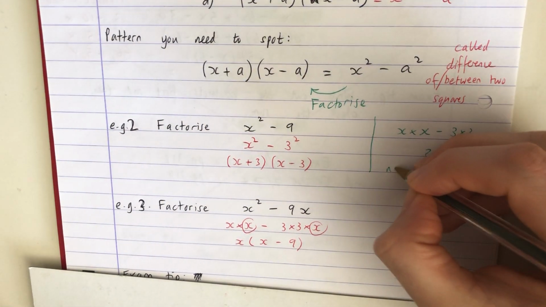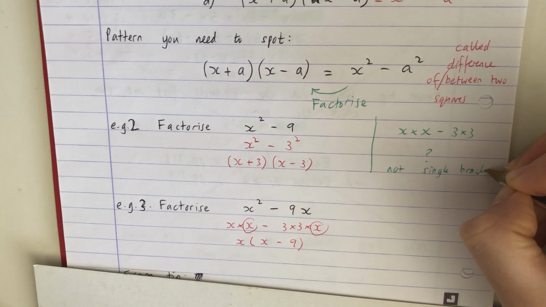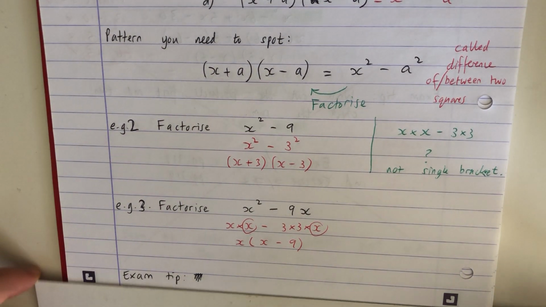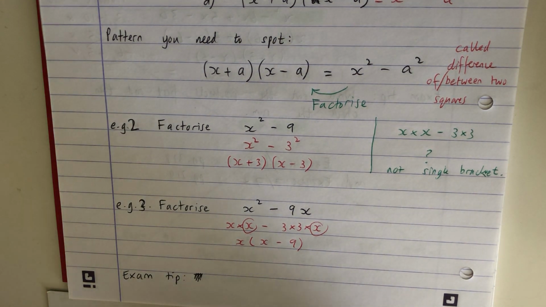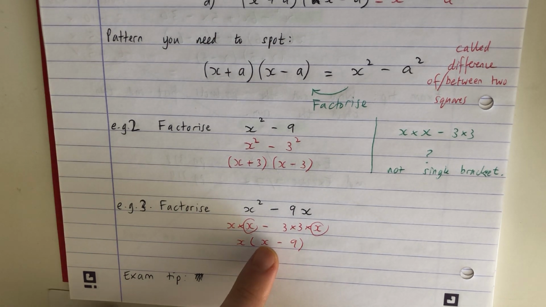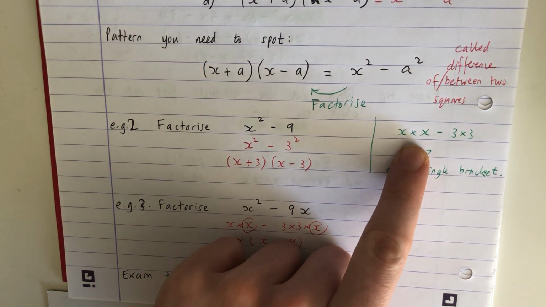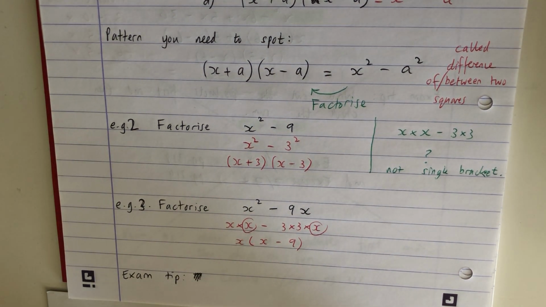So that's not single bracket. Okay. And my exam tip would be, if you see a two-term quadratic, it's probably going to be single bracket factorising. That's what you should try first. And if that doesn't work, like it didn't work for me there, then it's got to be this special case.